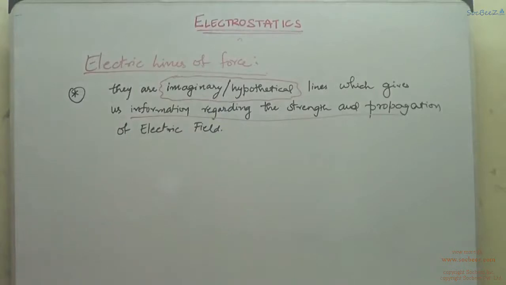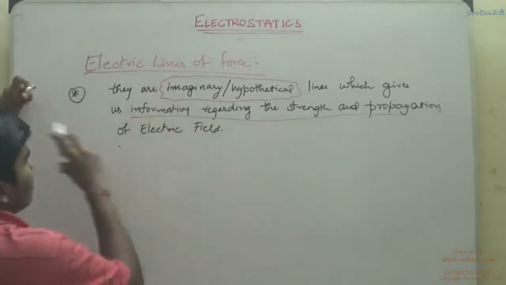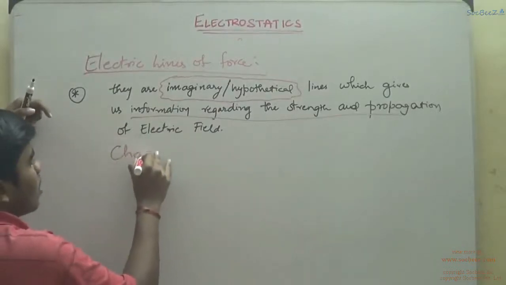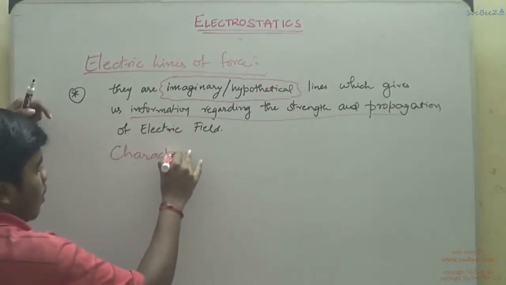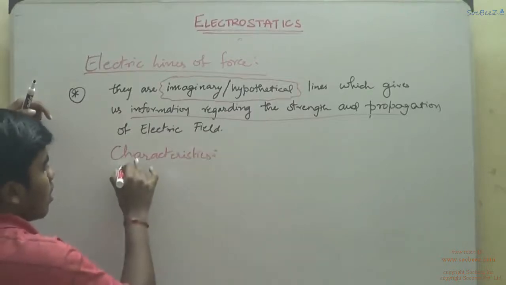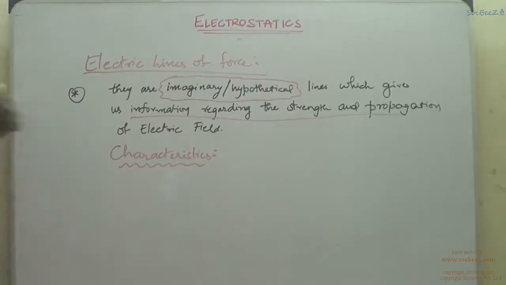But how do they give this? So, the electric lines of force have a few characteristics of their own, which help us find out the information which we are talking about. So what are its characteristics?